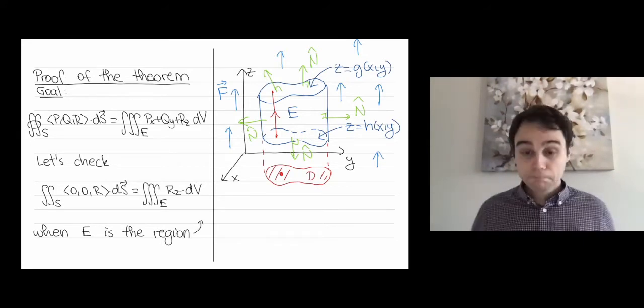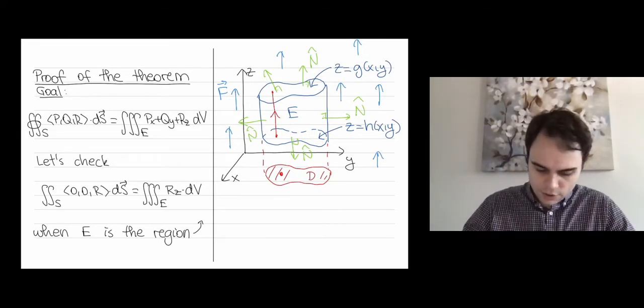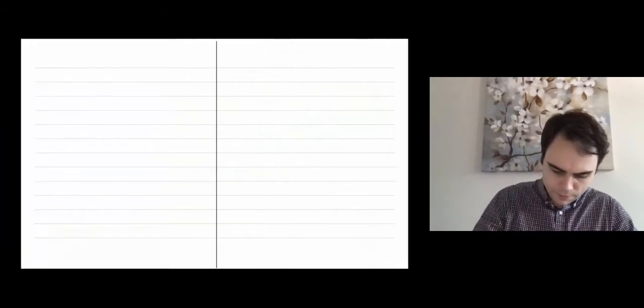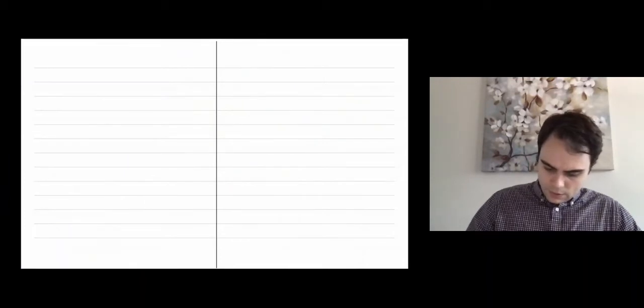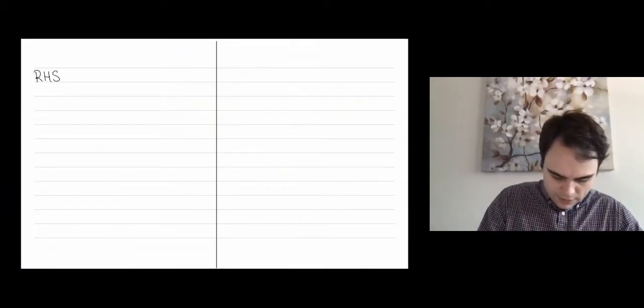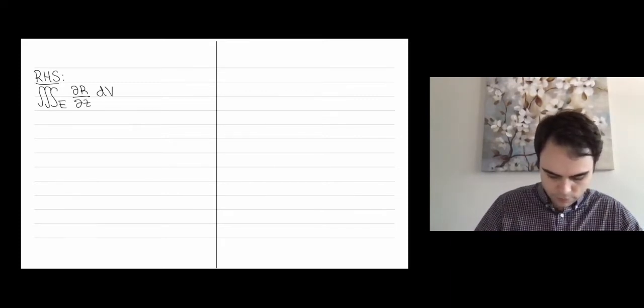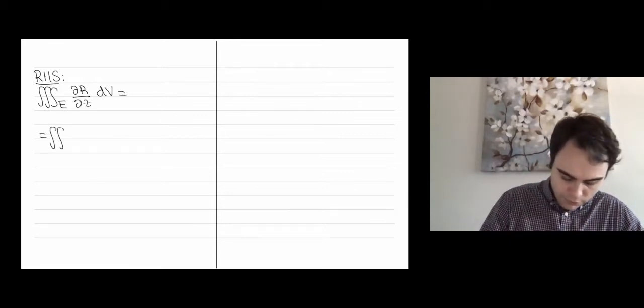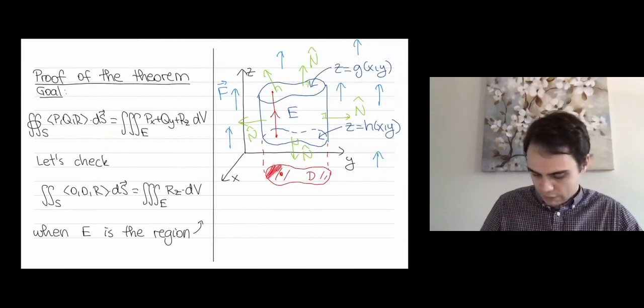Okay, so let's do the calculation. In this situation, let's just compute the right-hand side. So the right-hand side is the triple integral over E of the z partial of R. Let's set up this integral and see where we get. I'm going to set it up using a version of Fubini's theorem.